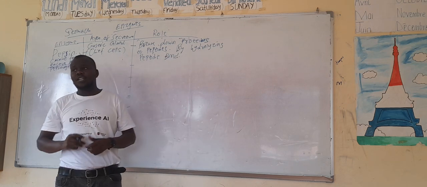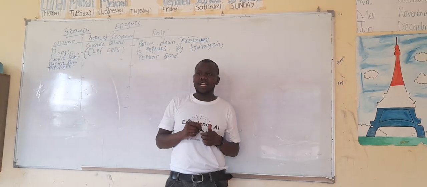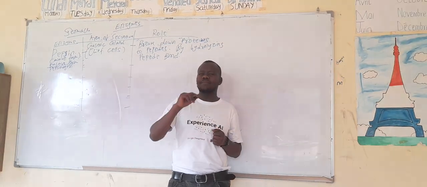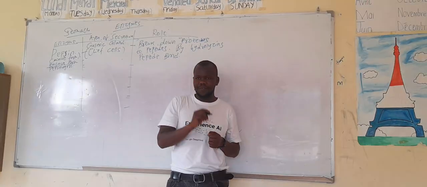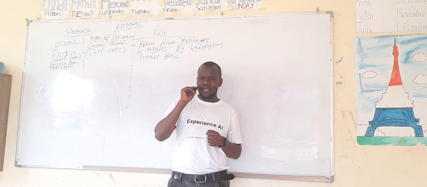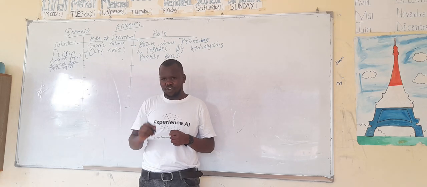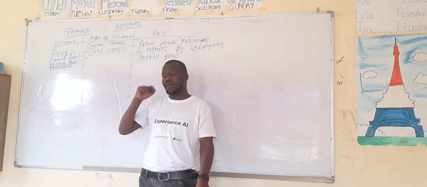So students, you should understand this. In the stomach we have the gastric gland, and inside the gastric gland we have chief cells, which secrete pepsin. Pepsin is not secreted as pepsin but as pepsinogen by the chief cells.